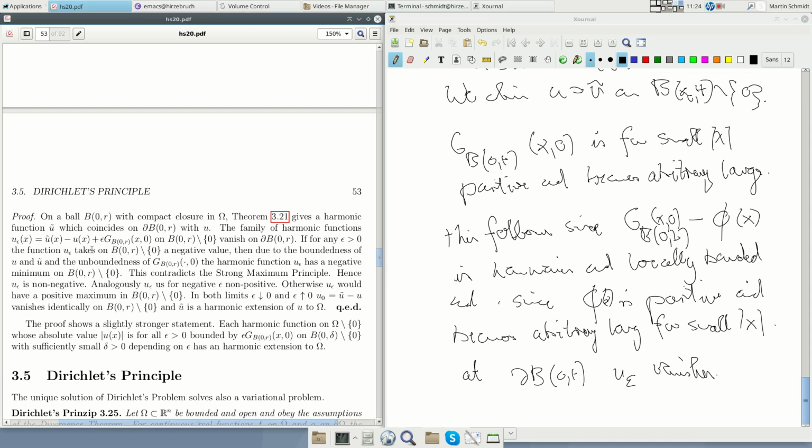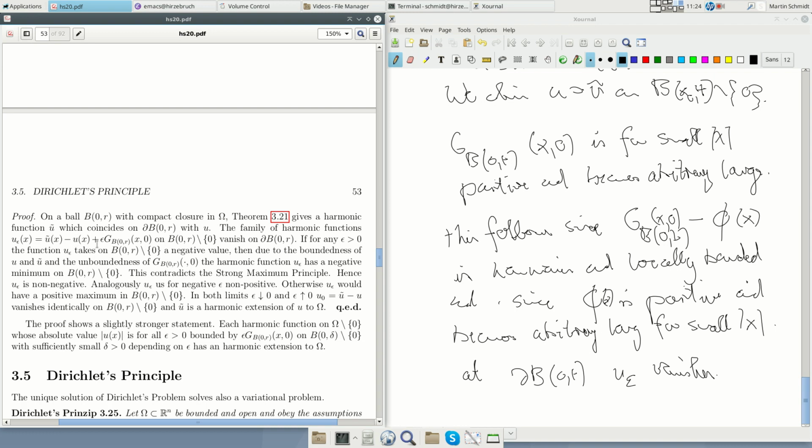This is clear, because the difference is 0, and this vanishes at the boundary by the symmetry of Green's functions and the property of Green's function. So this vanishes at the boundary.